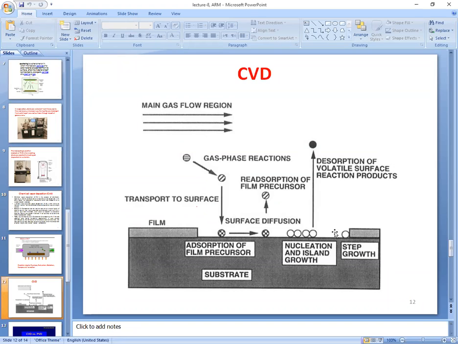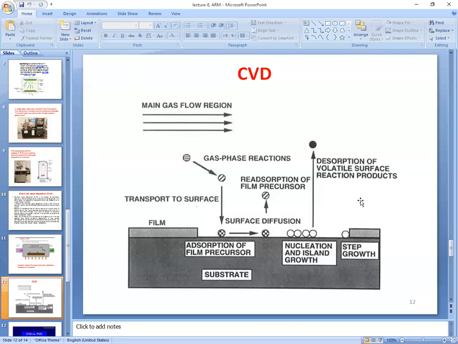So this is the film, and this black is the substrate. So this is the surface diffusion, and sometimes reabsorption of the film precursors. And this is the desorption of volatile surface reaction products.